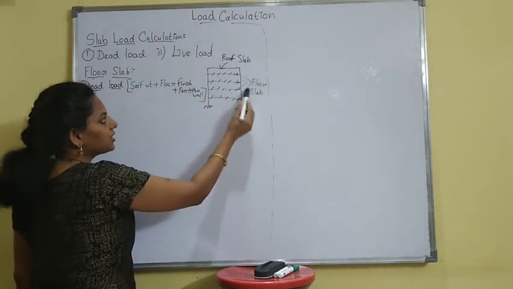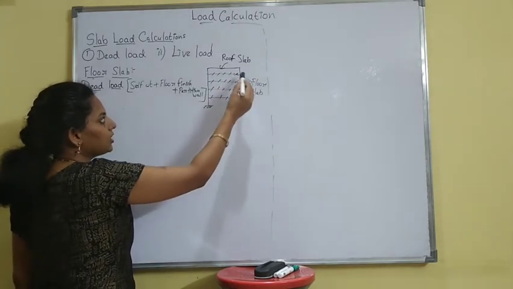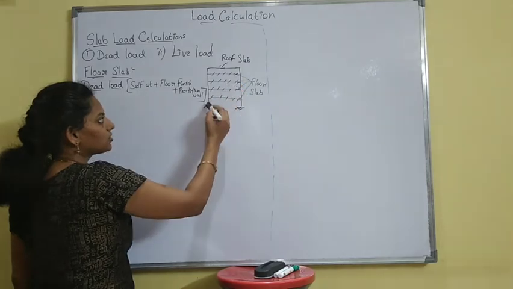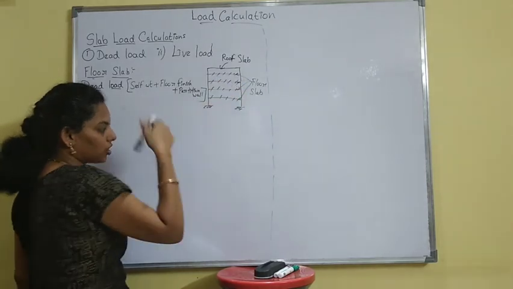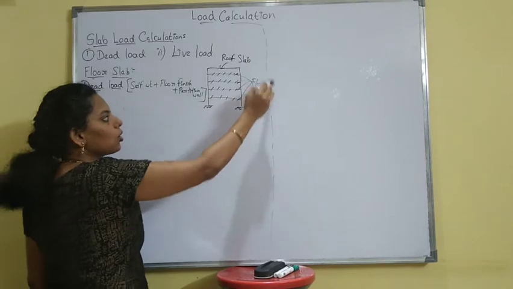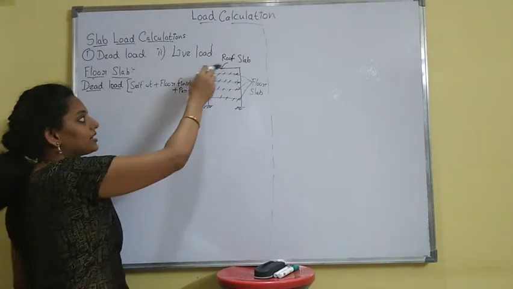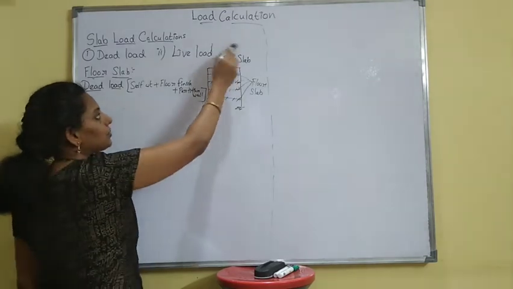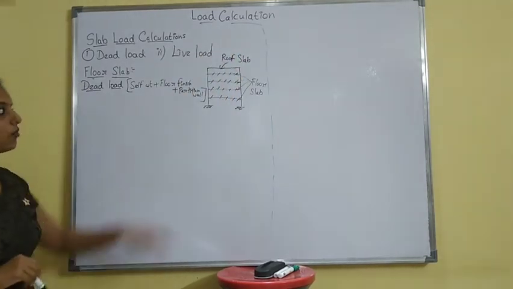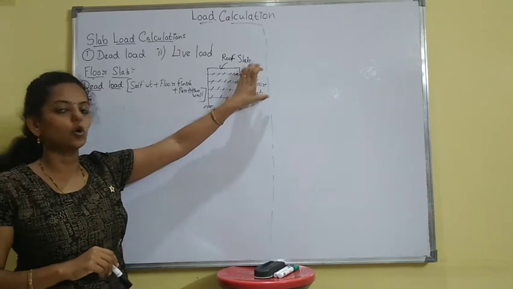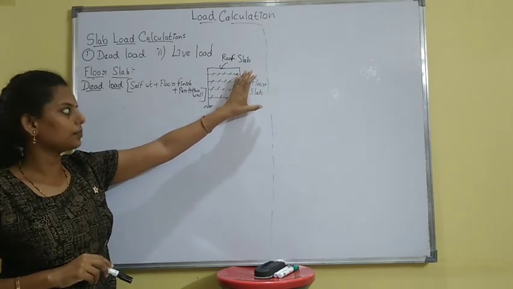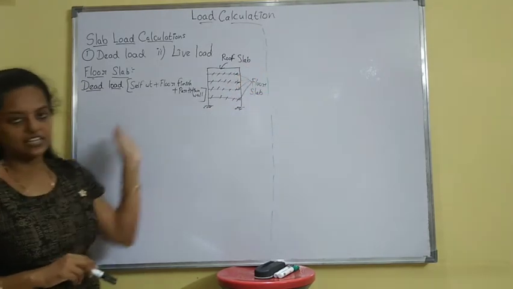Suppose these are the slabs. The slab connecting the first floor, second floor, third floor, etc. is your floor slab, and the one at the top, at the terrace level, is your roof slab. For these, the load calculation will have a little variation, so we'll study that here.